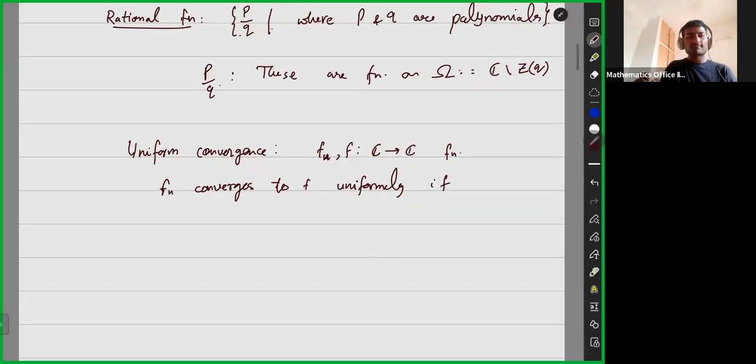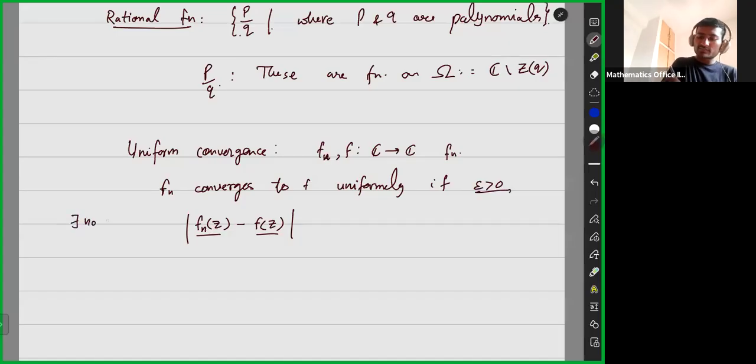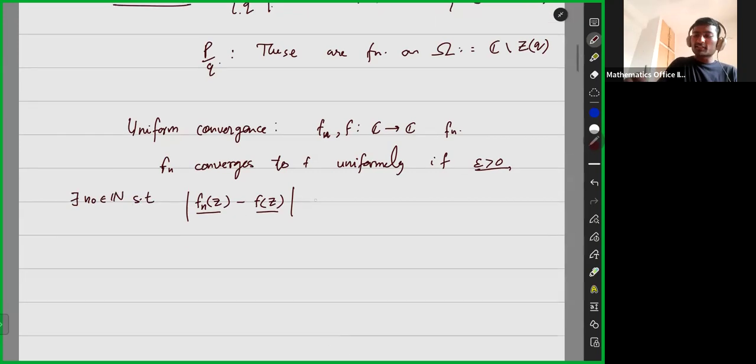So Fn(z) minus F(z) is a sequence of complex numbers converging to F(z). Given any epsilon positive, there exists n naught in the natural numbers such that Fn(z) and F(z) become very close, I mean epsilon close.